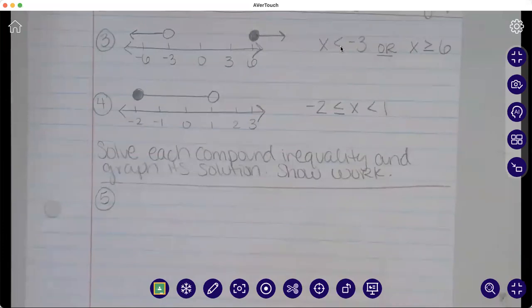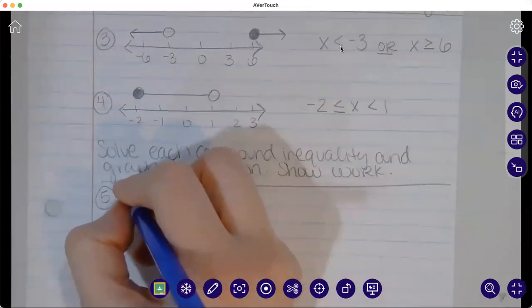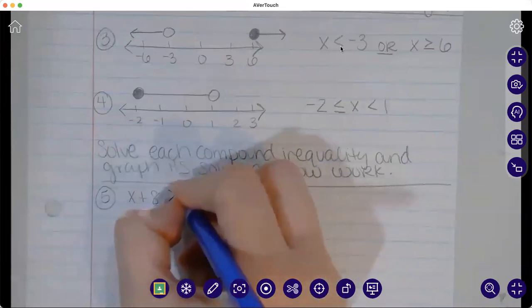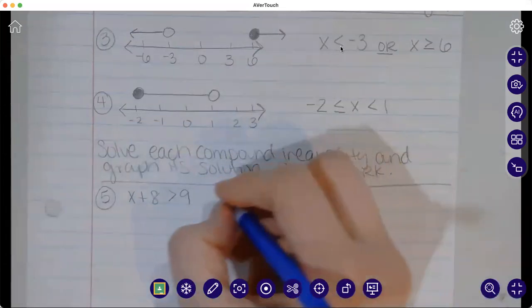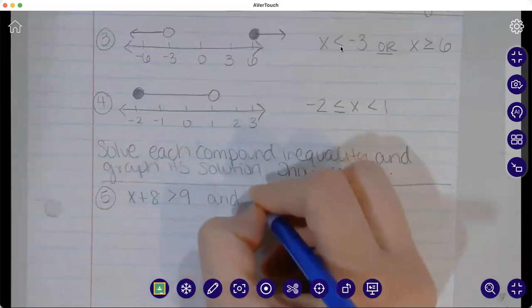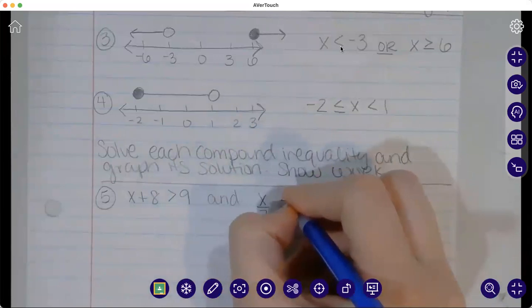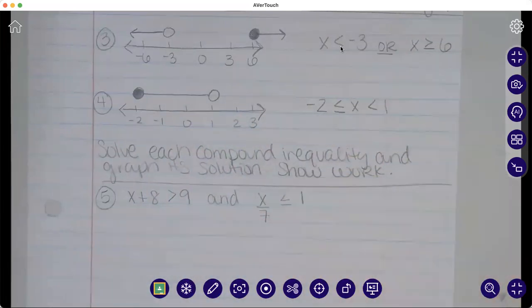So number 5, we have X plus 8 is greater than 9, and X divided by 7 is less than or equal to 1.